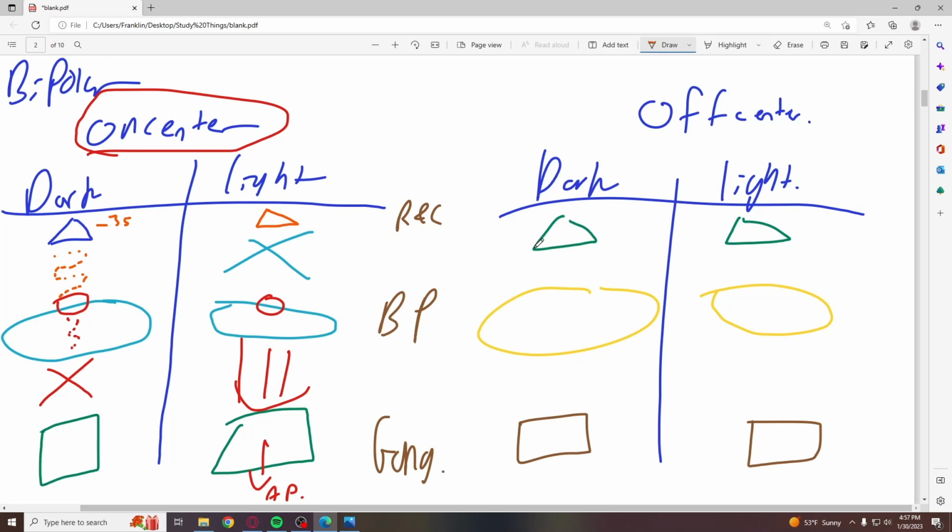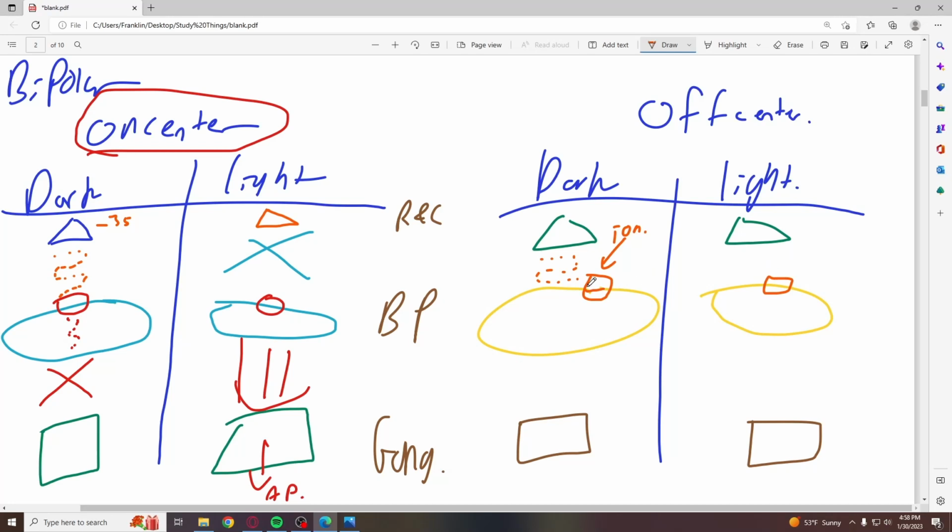remember that in the dark, it's always firing, it's always sending glutamate. And so this time there's an ionotropic receptor.